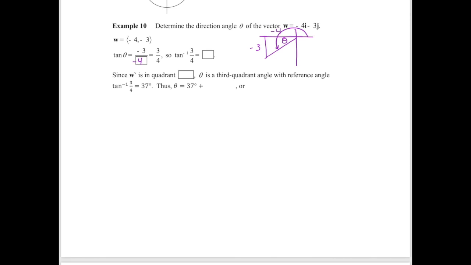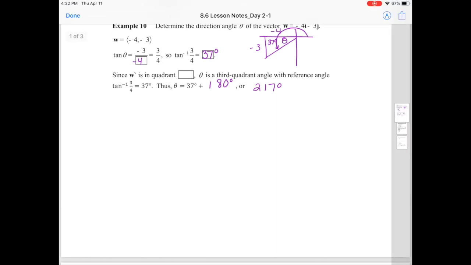What degree value of inverse tangent would give me 3/4? Using my calculator, I get approximately 37 degrees. We know this is in the third quadrant, so theta is 37 degrees, our reference angle, plus 180 degrees, or 217 degrees.